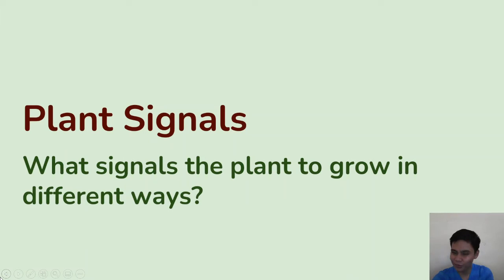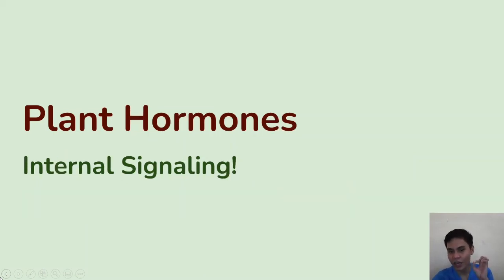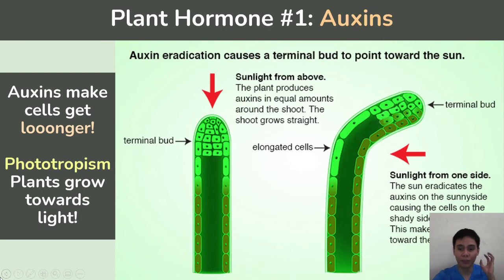Plant signals, on the other hand, are how the plant is induced to grow or develop in different ways using different signals. So internal signaling is done through plant hormones. So plant hormone number one is the auxin. Your auxins, a classification of plant hormones, make the cells get longer. One application of this is phototropism. Plants grow towards light.